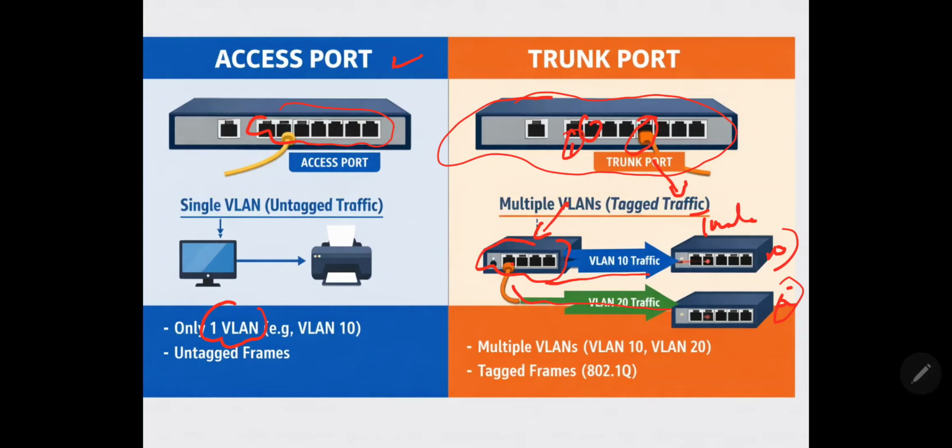Typical use: access port for end user devices, trunk port for network devices. VLAN awareness is not required for access port, but required for trunk port. Key point: access port for a single VLAN and trunk port for multiple VLANs. Access port is one room, one key, but trunk port is a highway with many lanes.